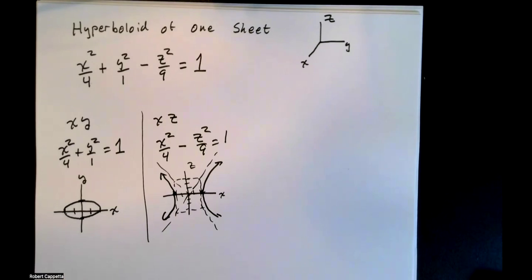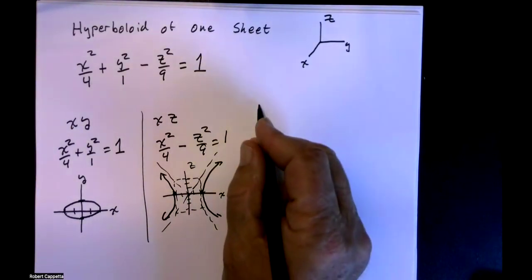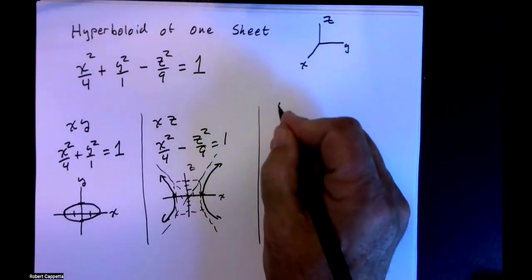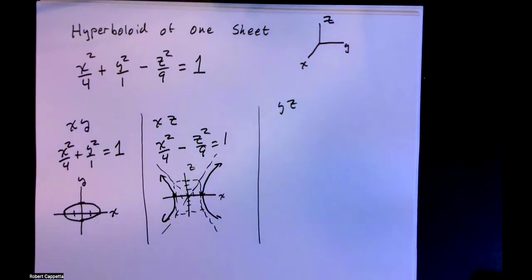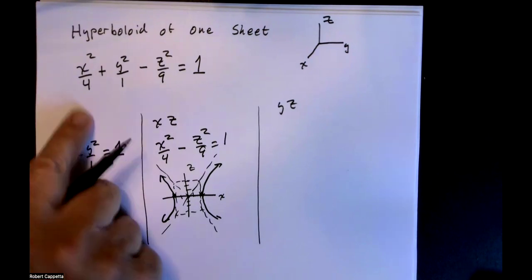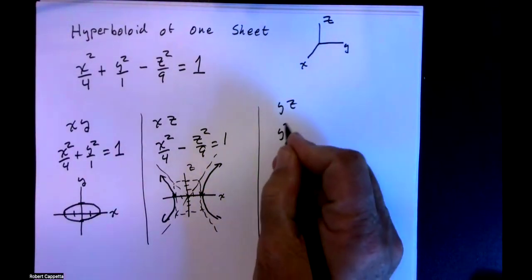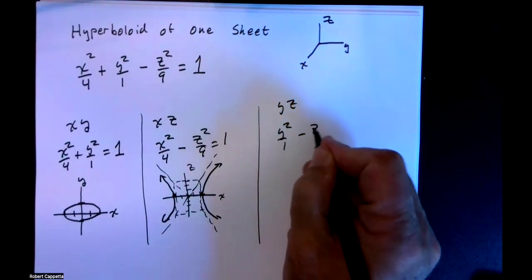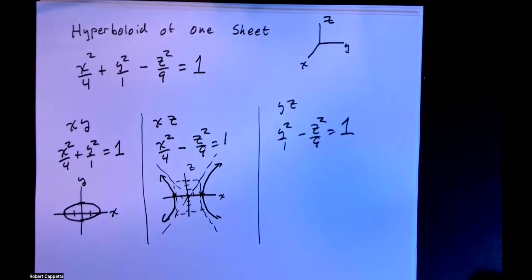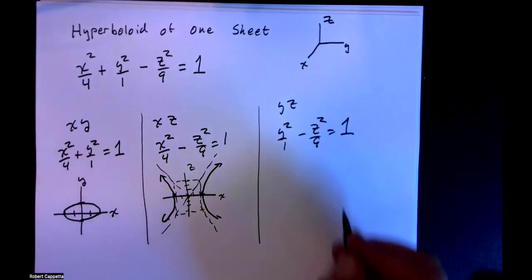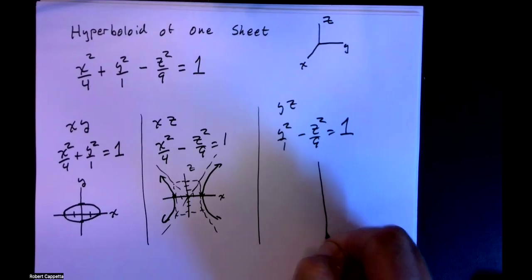And then we will finish up with the YZ, which is in essence the front view. If we're looking at this straight on based on this coordinate system, that's the front view. If I have the YZ, then the X is 0, and my equation becomes y squared over 1 minus z squared over 9 equals 1. So what does that look like for our hyperboloid of one sheet?